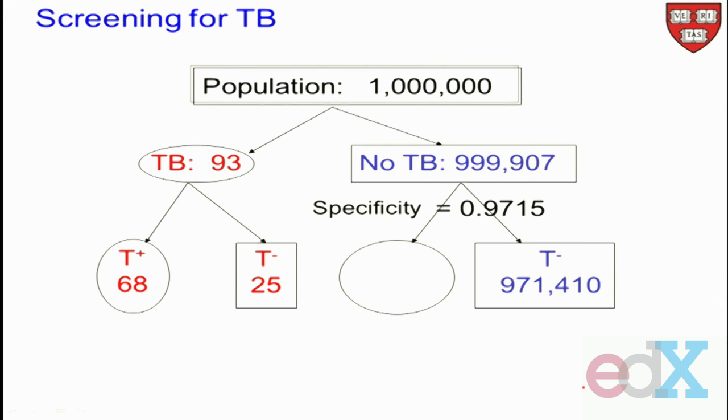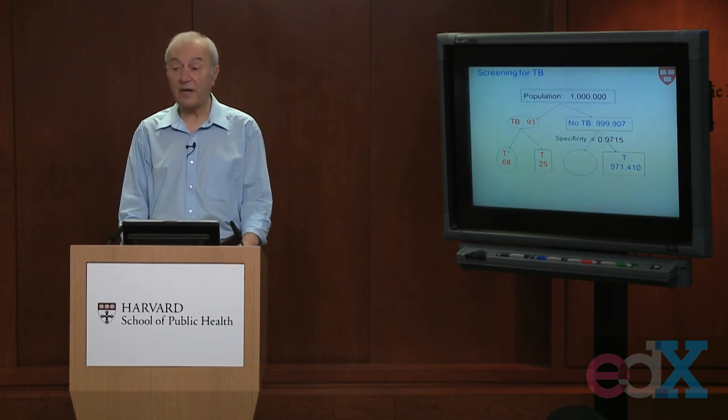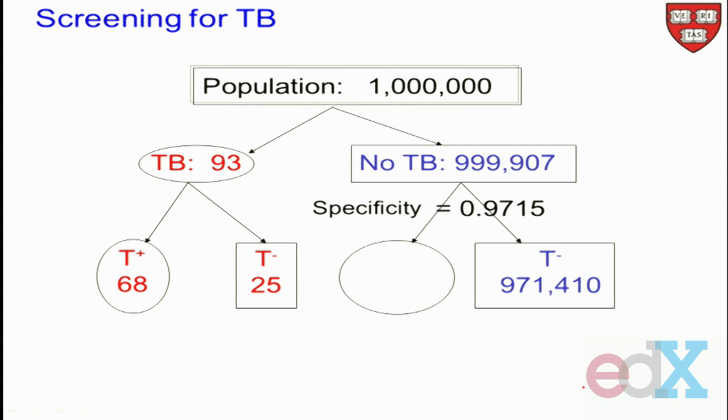And in this case, the answer is 971,410. It's not bad. We missed out on about 3% of the people. But unfortunately, 3% of a huge number. So that means 28,497 will test positive who shouldn't test positive. The false positives is very high.